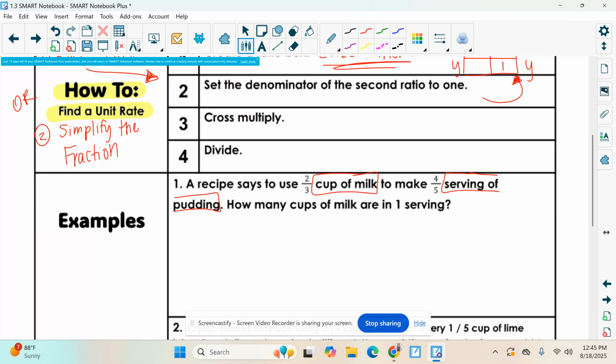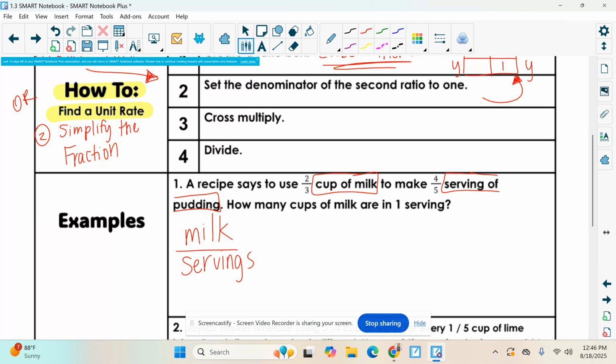So guess what the labels of our ratio box should be? Milk and servings. What are the 2 things you're comparing? Milk and servings. So what you're comparing needs to be your labels. So I've got milk to servings.